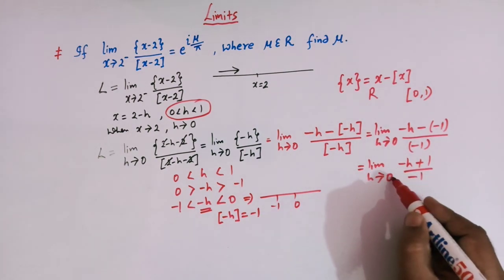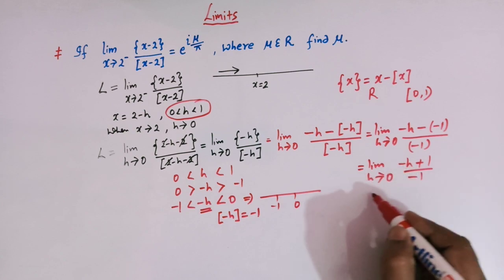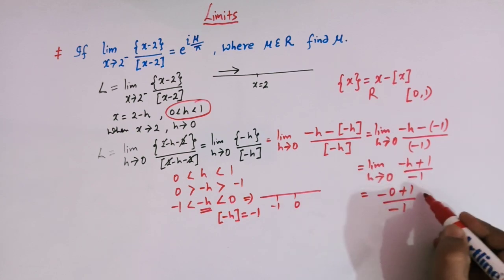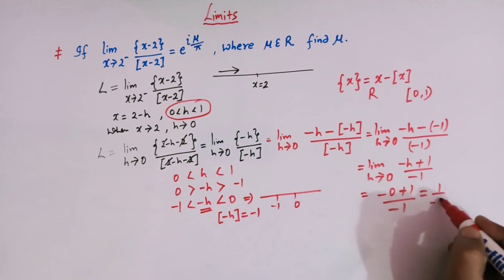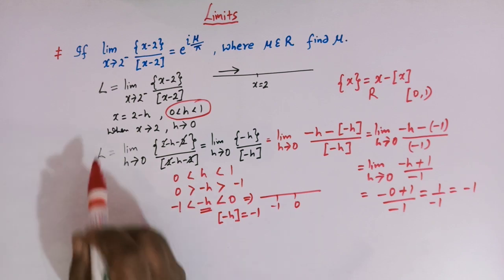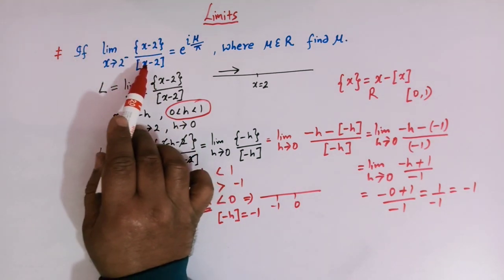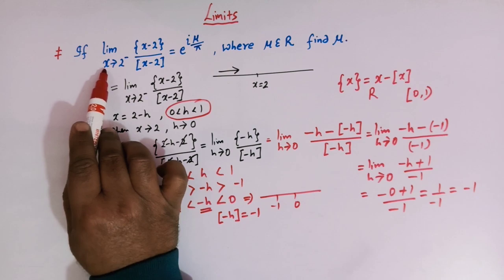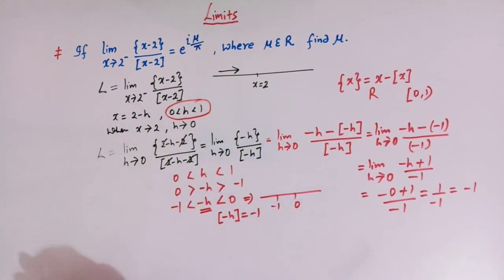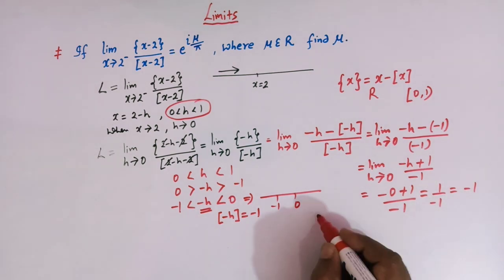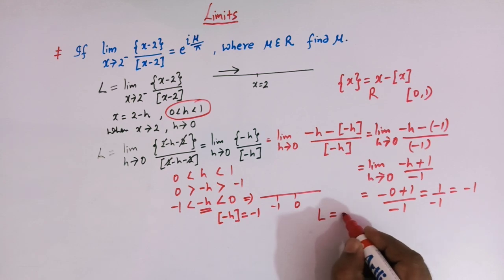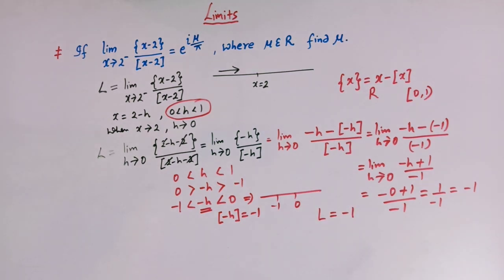Now if we substitute h is equal to 0 here, we'll get minus 0 plus 1 over minus 1. So this is 1 over minus 1, that is equal to minus 1, right? So the limit of this function when x approaches 2 from the left of x is equal to 2 is minus 1, right? So the limit L is equal to minus 1.